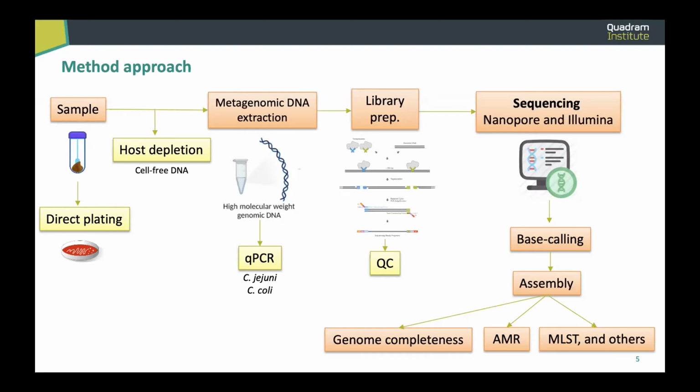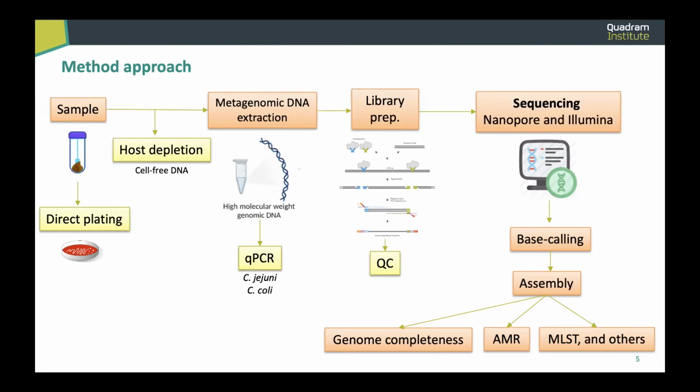Campylobacter cells were quantified in the stool samples using qPCR, to estimate the initial Campylobacter input that is loaded into sequencing, and also to estimate the limit of detection. Then libraries that passed the QC were subjected to sequencing on both Nanopore and Illumina platforms. Generated sequencing data was subjected to in silico analysis, including genome completeness, MLST, and AMR.